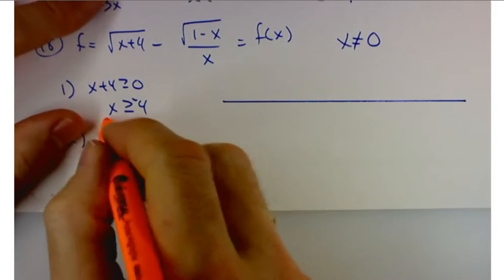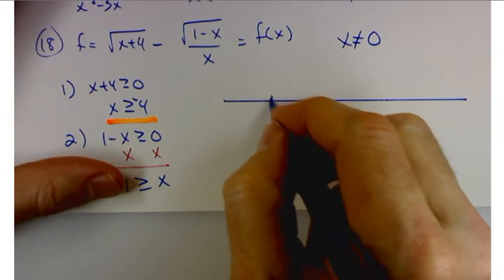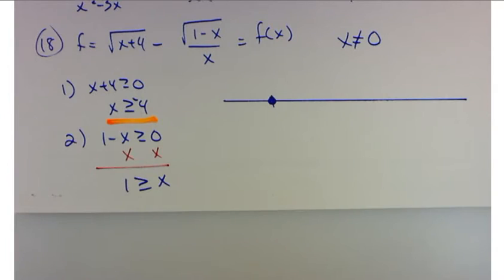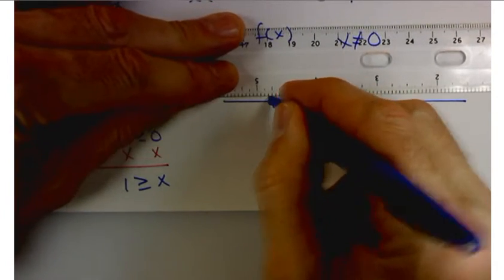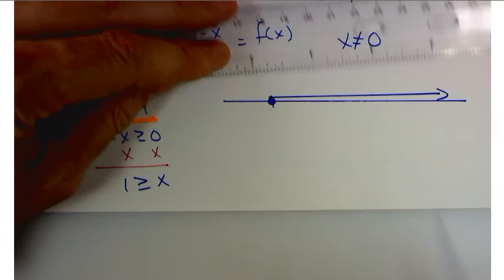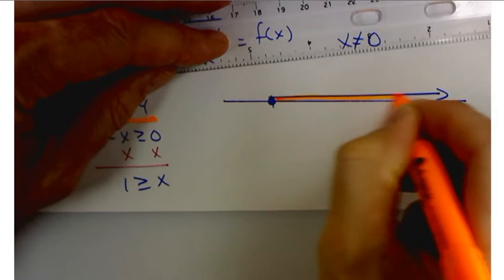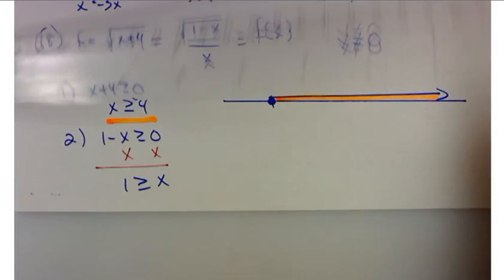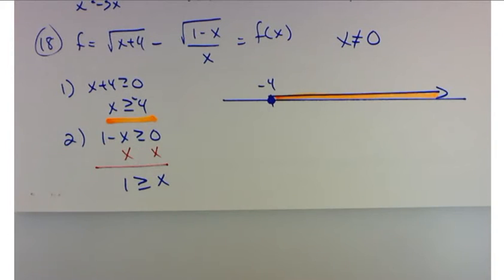So let's take a look at x is greater than or equal to negative 4. So that's here. And I want 1 is greater than or equal to x.